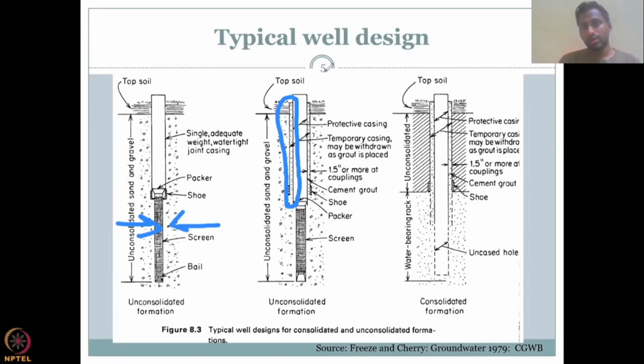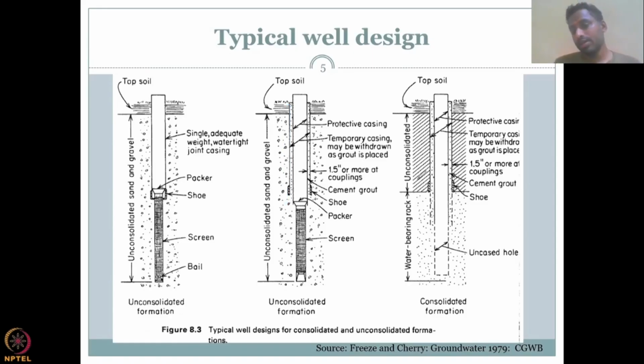You need to be very careful in understanding that not every type requires it. It is very expensive. It costs a lot to put all this in, because throughout the depth you have to put a casing. And it is not needed in every aquifer system. Only those aquifer systems where you know that the solid particles can move in and fill in the well. Still, the screening is the same. You have a screening at the bottom where you want water. The only thing here which is more important is you have a casing, the protective casing.